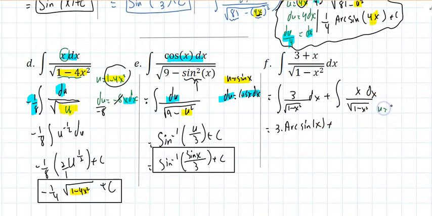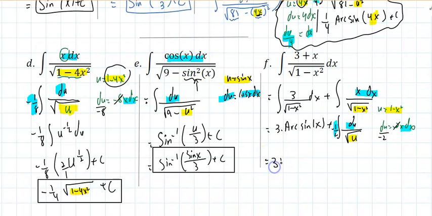Let u equal 1 minus x squared. Du will be negative 2x dx. So my u is right there, and my du is really negative 1/2 du.